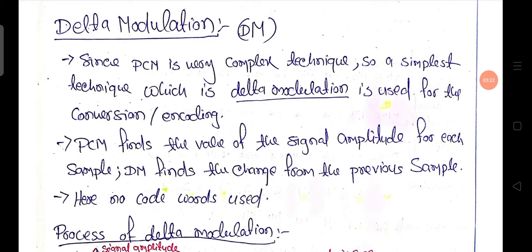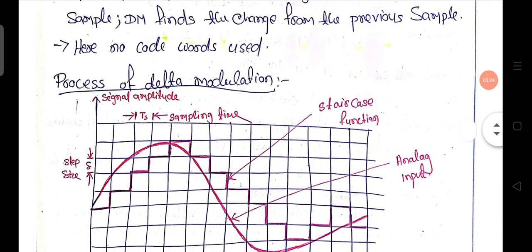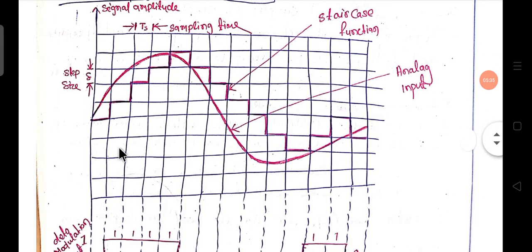Now see the process of delta modulation. This is our analog input signal.